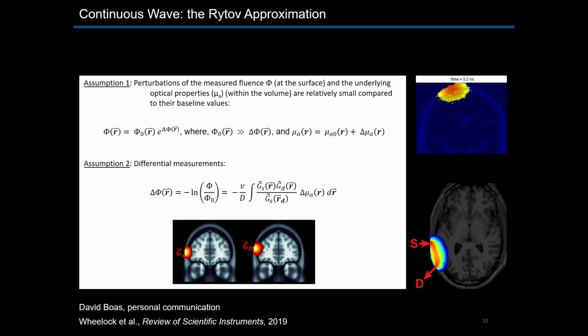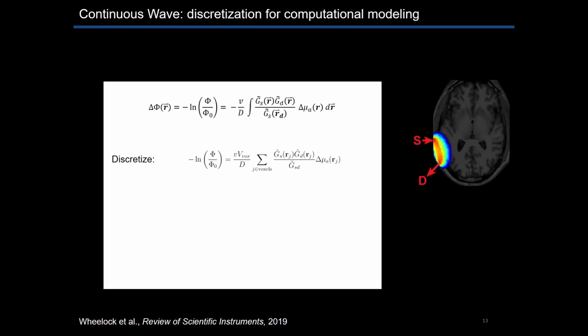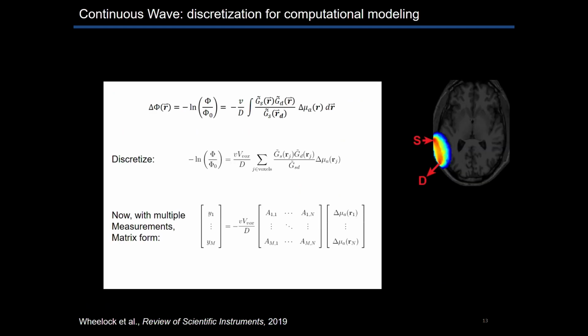Here again are the Green's functions for the source and detector. You multiply them together, you get this nice sensitivity banana for a specific source detector pair. So again, we can do that pencil and paper math with the Green's functions. You can also do it with the computer math to then again do y equals Ax.